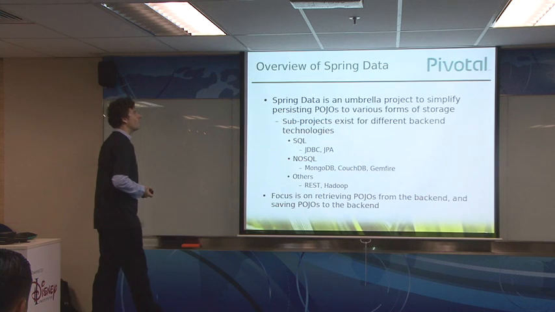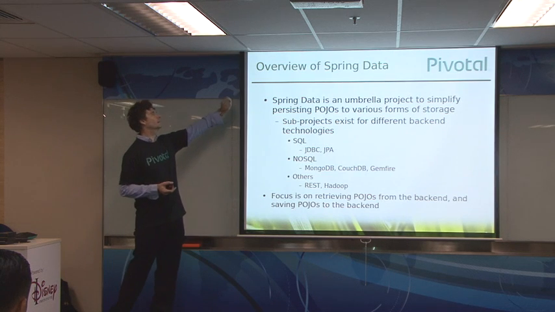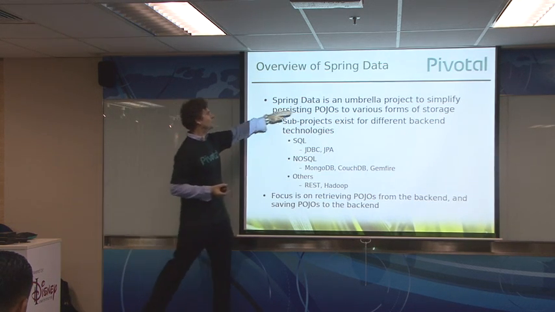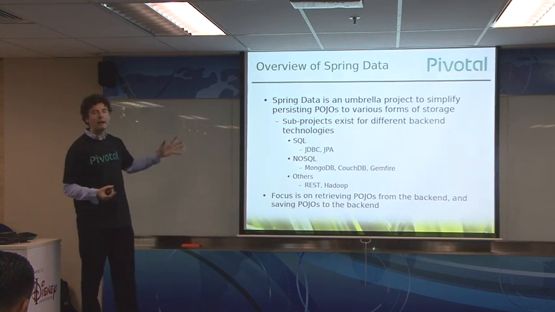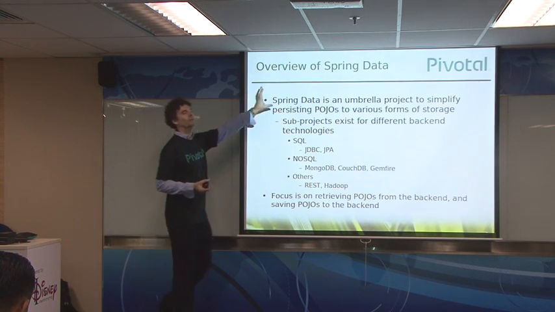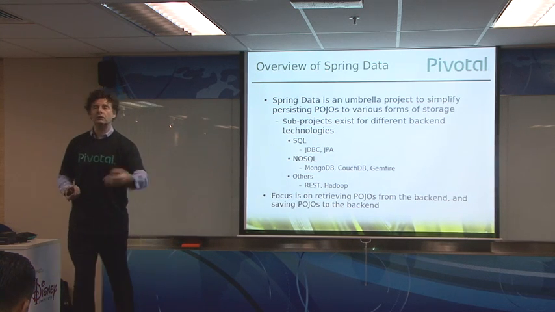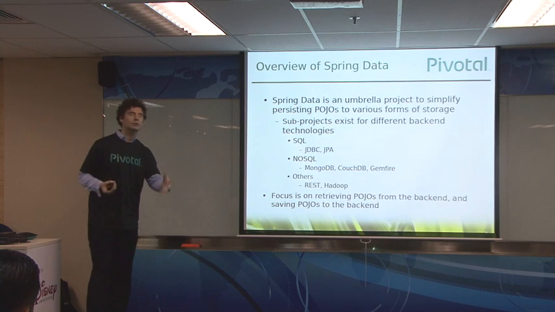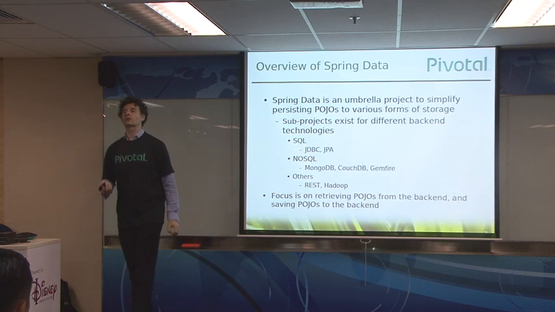So Spring Data is an umbrella project to simplify the persisting of POJOs, plain old Java objects, to some kind of back-end storage. This is important. There are various systems like MongoDB, various document databases, CouchDB as well, which don't think necessarily in terms of objects.